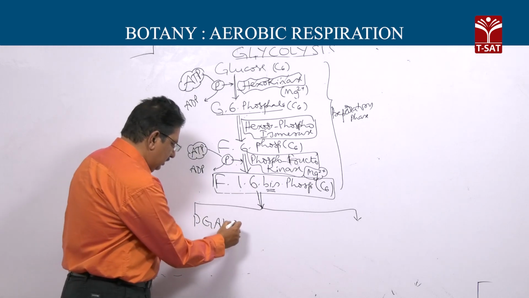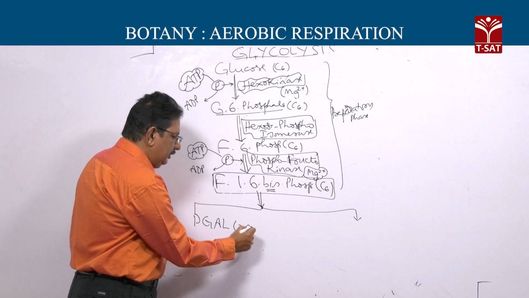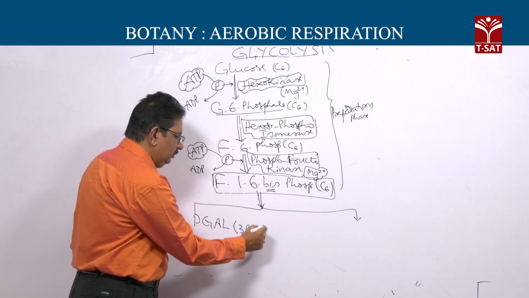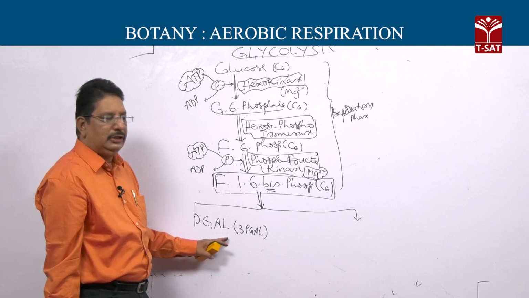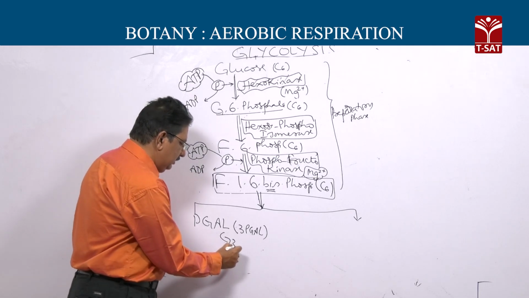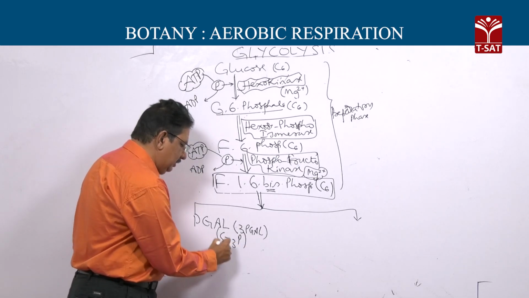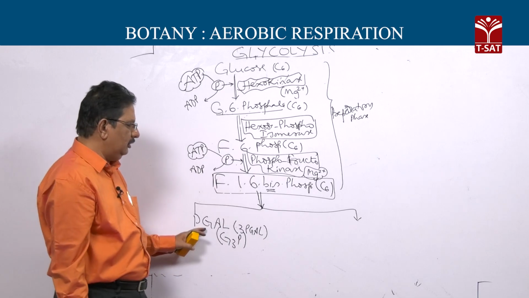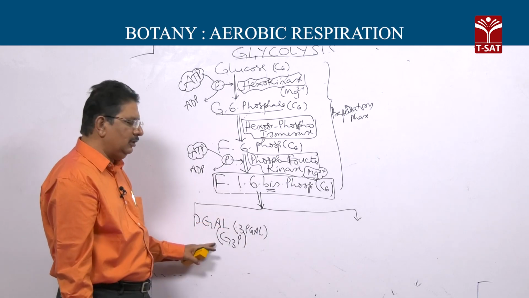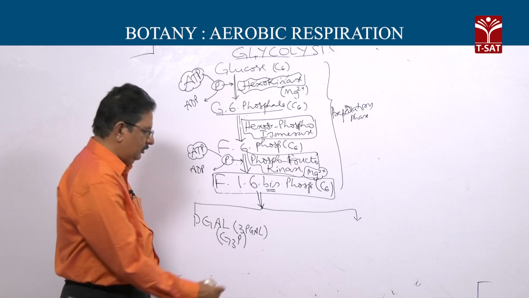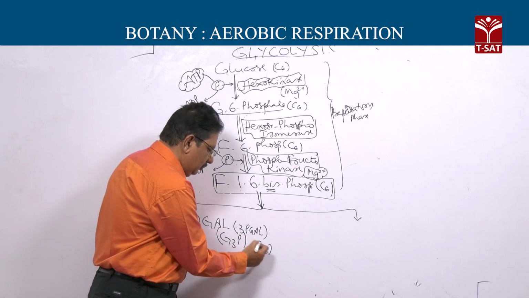Phosphoglyceraldehyde, sometimes may be called 3-PGAL, 3-phosphoglyceraldehyde, or G3P, glyceraldehyde 3-phosphate. There are different names, 3-phosphoglyceraldehyde or glyceraldehyde 3-phosphate, which is a C3 compound.